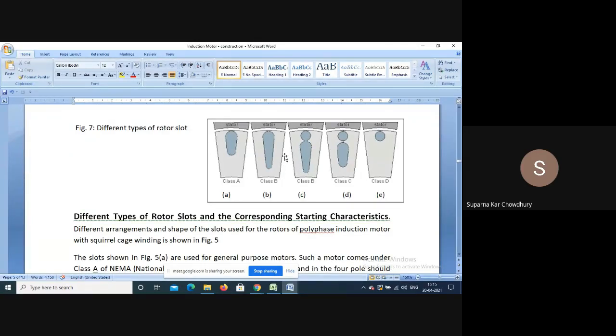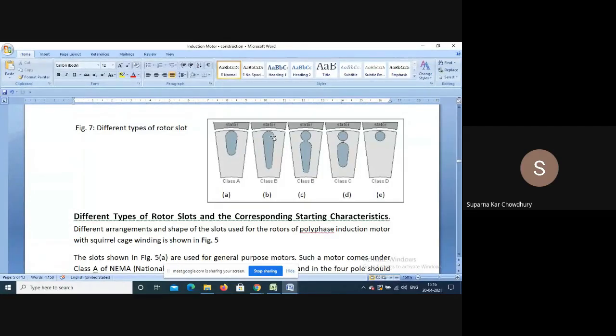During starting the frequency is high, that is the supply frequency, so the leakage reactance is quite large at starting. Due to that, the current has a tendency to flow towards the outer area, or in case of double cage, towards the outer cage. So the current distribution becomes uneven, and the result is that the effective resistance is increased. So we will have a higher resistance at starting.